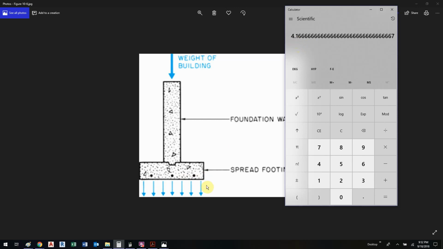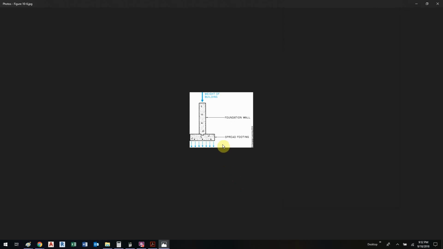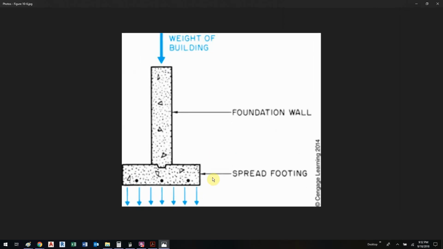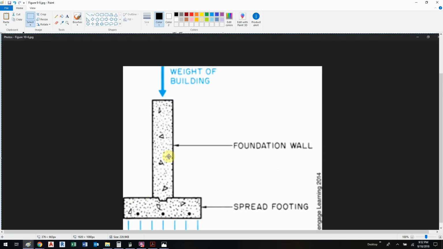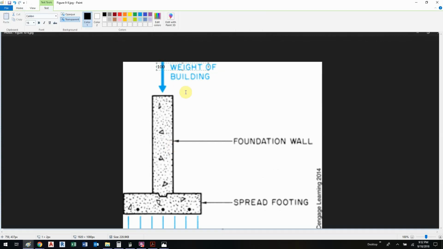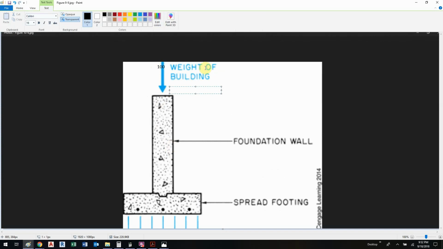What if our ground right here only had a PSI of 10, for say? So we have 100 pounds coming down on this, and we have 8 inches here.